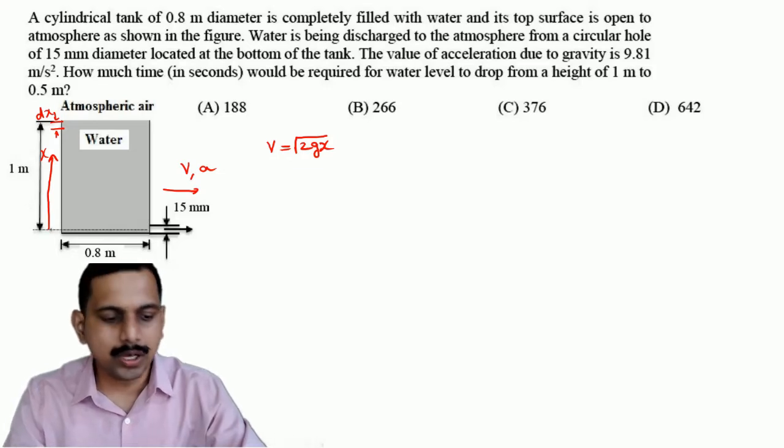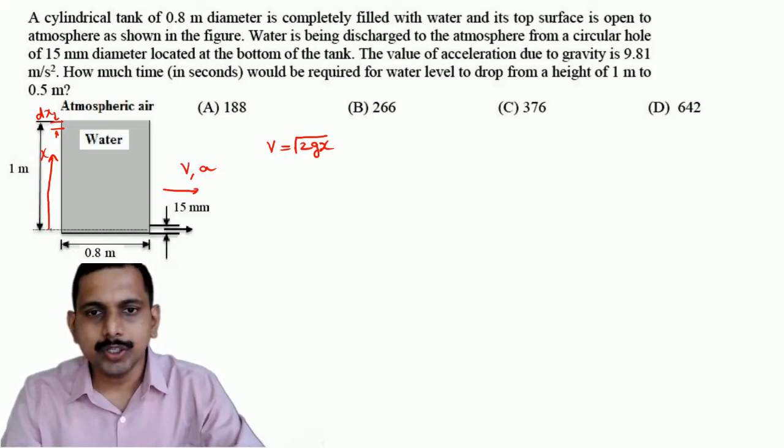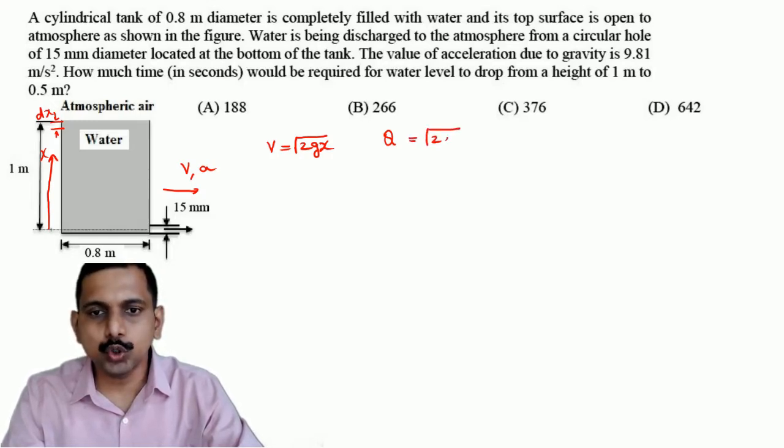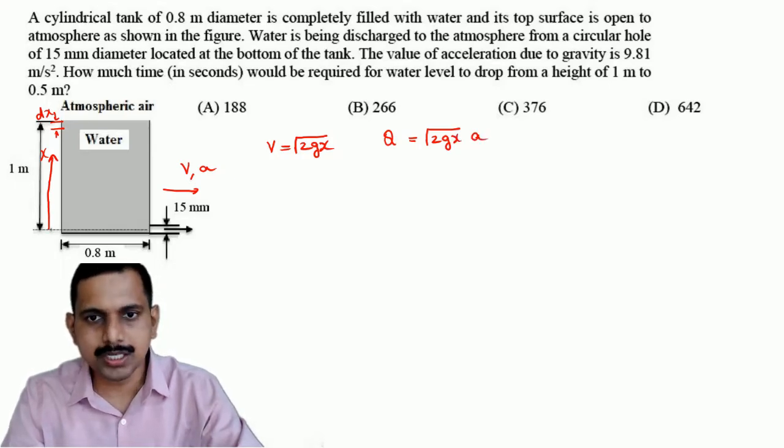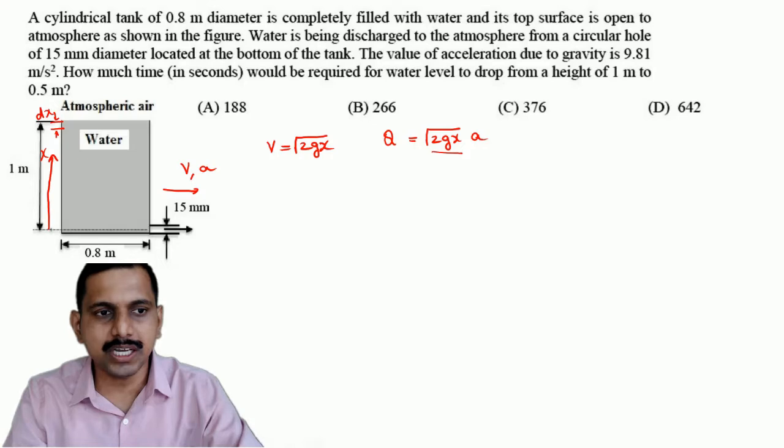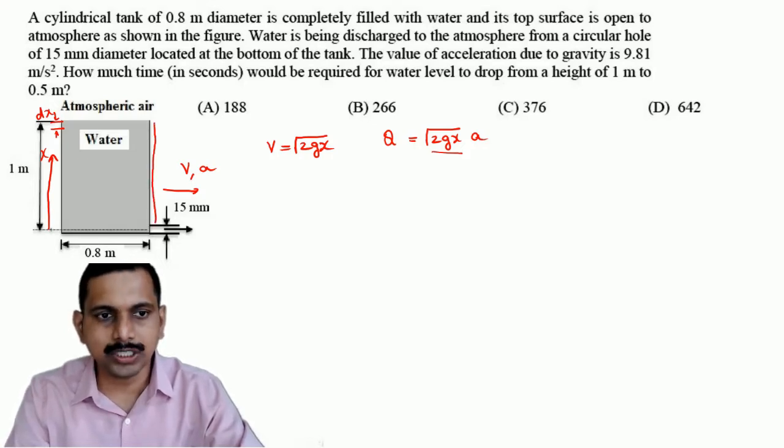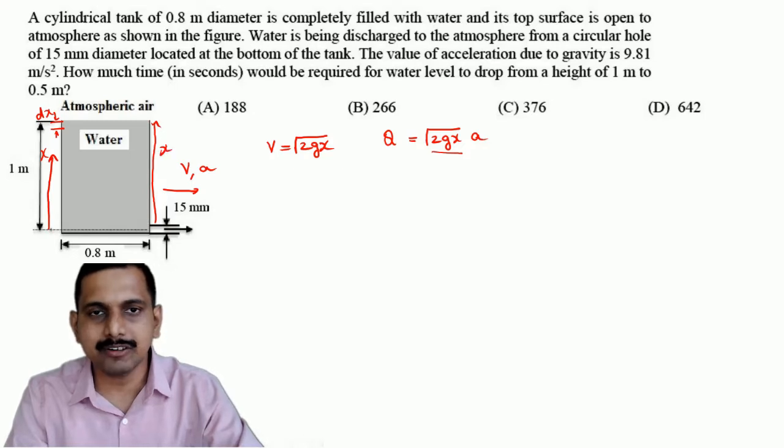So now if I consider Q, it will be equal to root of 2gx into a, because root of 2gx gives the velocity based on the height of the water, which is given by x, into the area, this small area a.